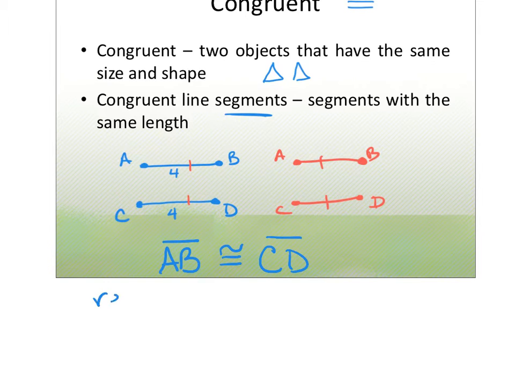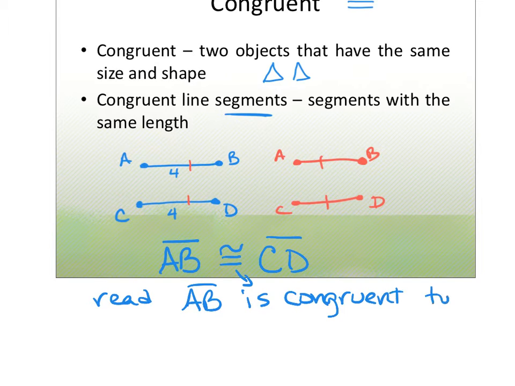So this would be read as AB is congruent to CD. So again, they're going to need to either tell you that they're congruent by having the little congruency markings, or just tell you how long each one is.